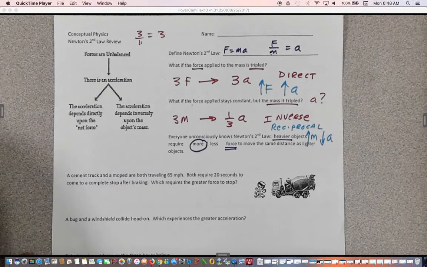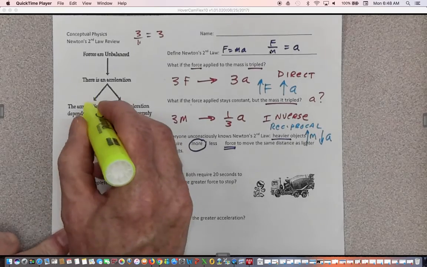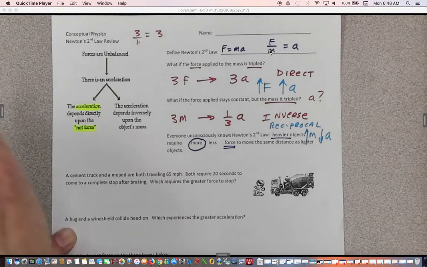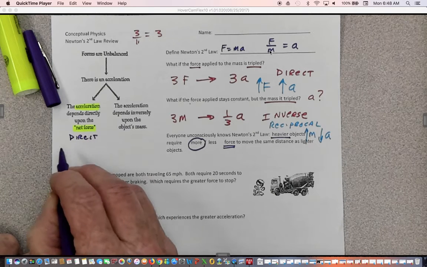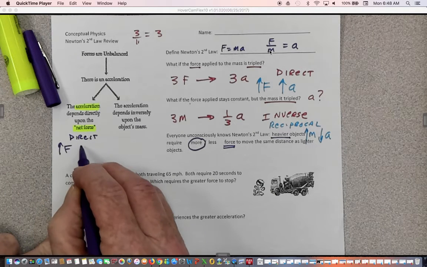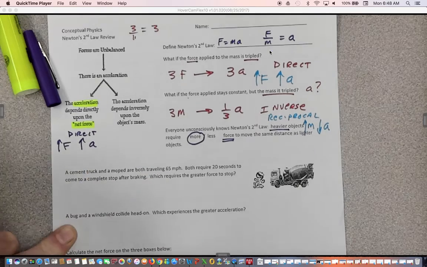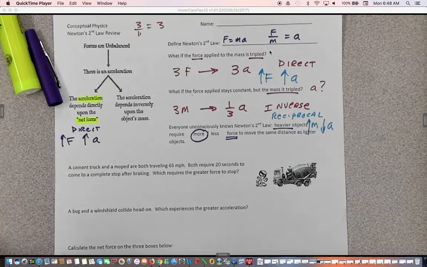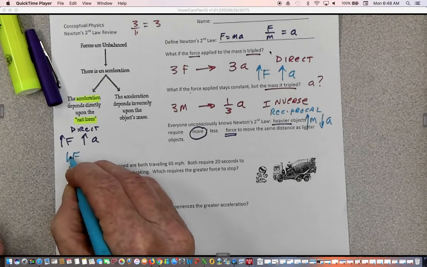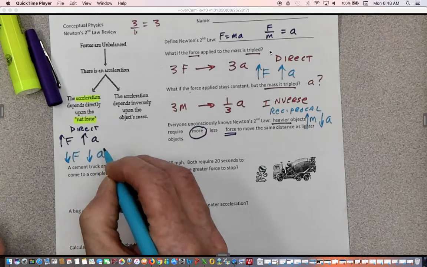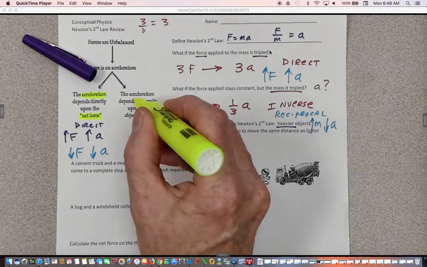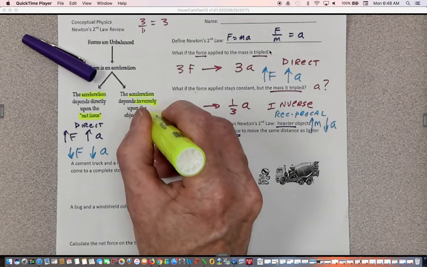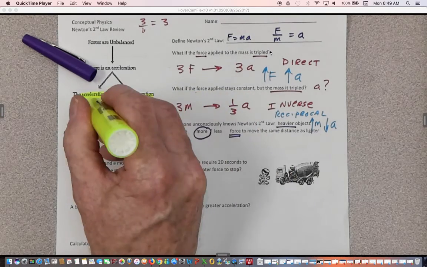So, over here, on this side, acceleration and net force, direct relationship. If force increases, acceleration increases. If force decreases, acceleration decreases. On the other hand, acceleration is an inverse relationship with mass.